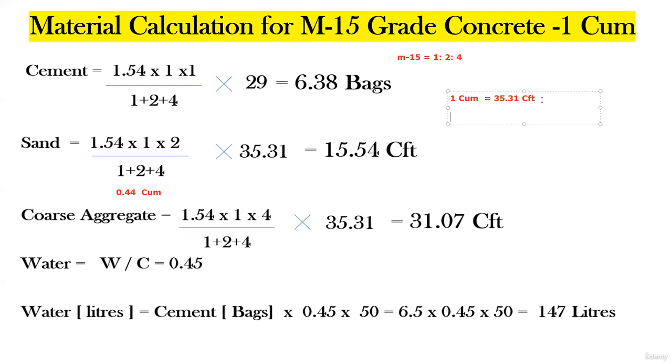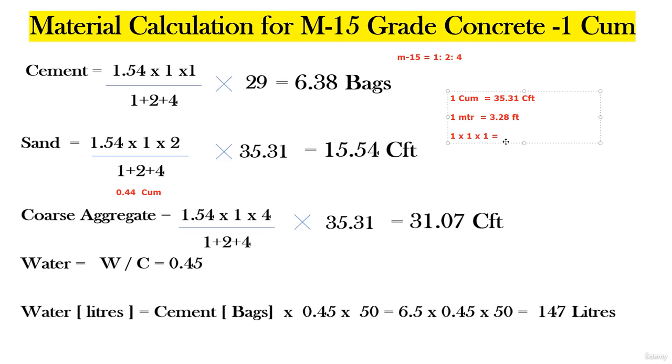Again, how did this come? It's very simple. What is 1 cubic meter? 1 cubic meter means 1 into 1 into 1. And we also know that 1 meter is equal to 3.28 feet. Do you agree with me? So this is 1 meter by 1 meter by 1 meter.